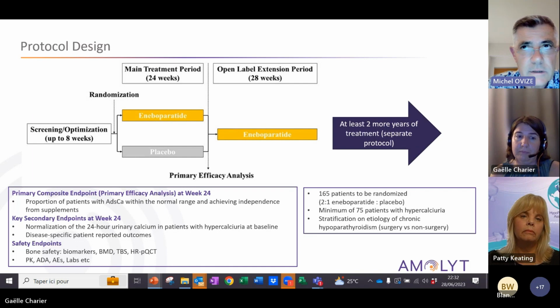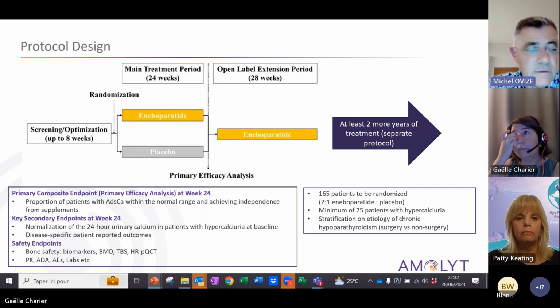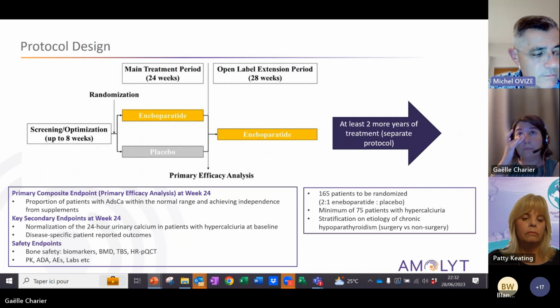On top of that, we have no strong evidence so far that development of anti-drug antibodies is affecting the efficacy of our drug. This phase 3 study will tell us whether this is the case, but so far we are pretty confident on this aspect.